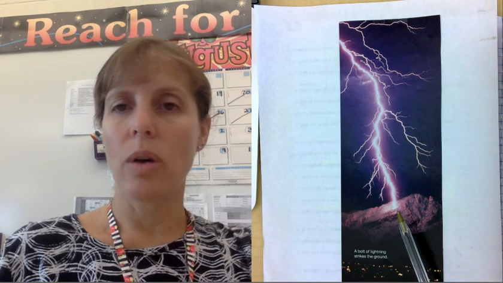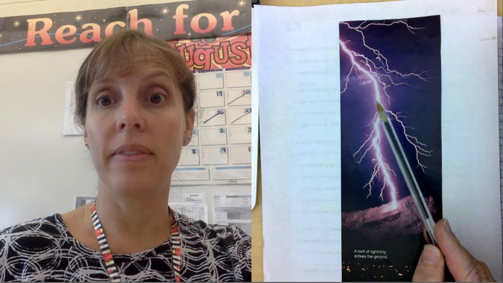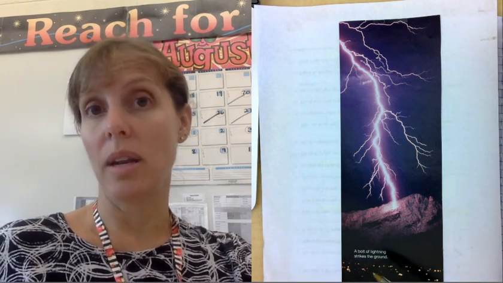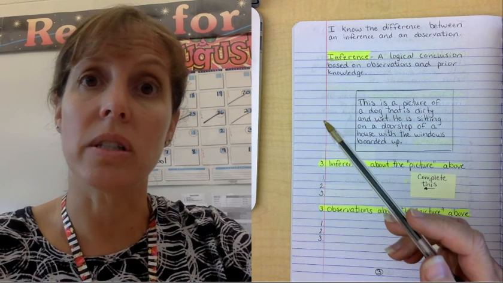I could also infer that maybe this is a volcano, because when volcanoes create storms, sometimes there's lightning in the sky, and that could be a volcanic cloud that is producing some sort of lightning. But that's an assumption that I'm making, okay? So assumptions and guesses are things that we call in science inferences.